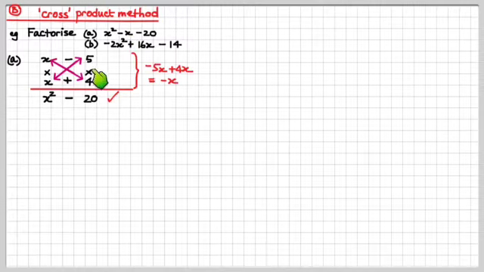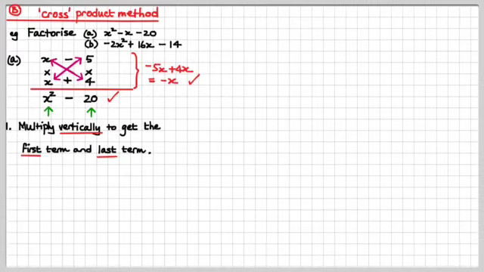Now you can see that minus 5 times x plus 4 times x gets us minus x, which is correct. Bonanza. There it is. So we've done it. We've got it, guys. Now, the answer after you've finished doing all that: this is the first term in the brackets, x minus 5. This is the second term in the brackets, x plus 4. Yes, and that's how you do it.